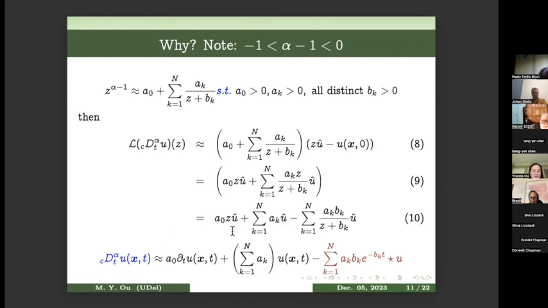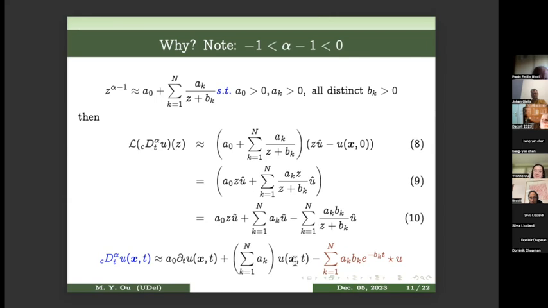This term will give me A0, which is a real number, times the first derivative. So I have A0 times the usual time derivative, plus this one. This one, transformed to the time domain, will be a sum of positive real numbers times u itself.